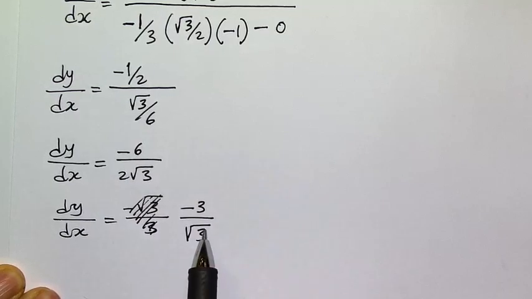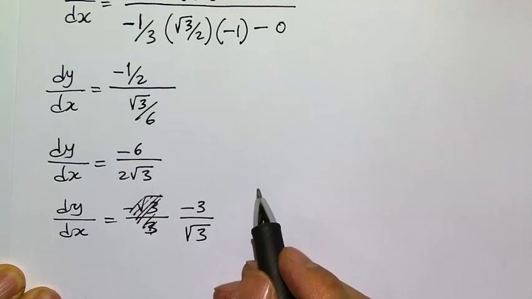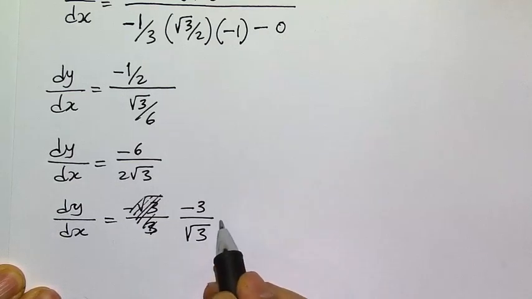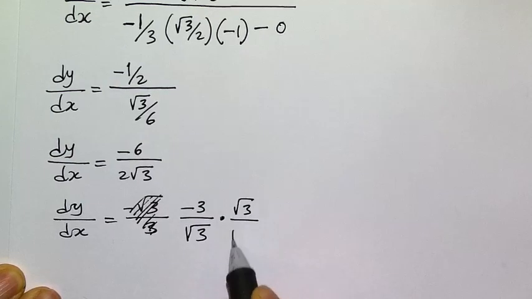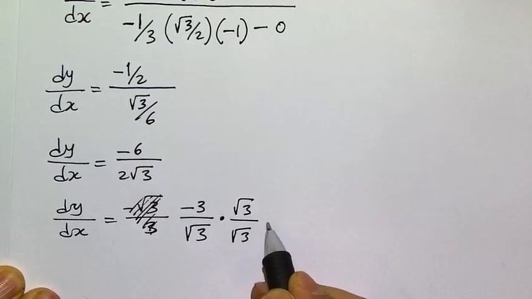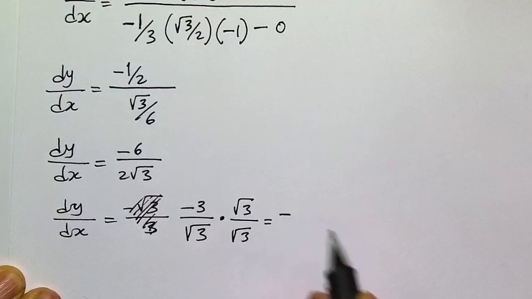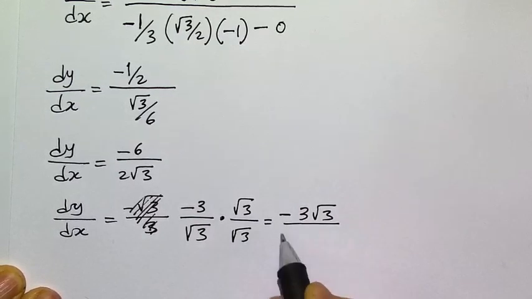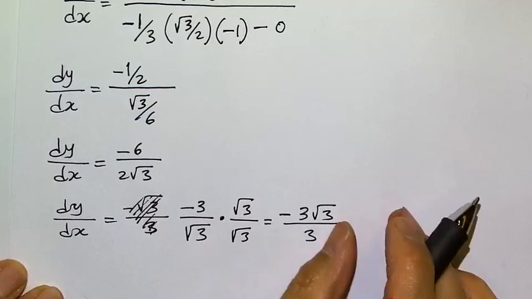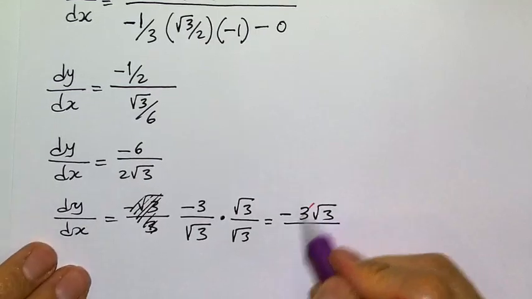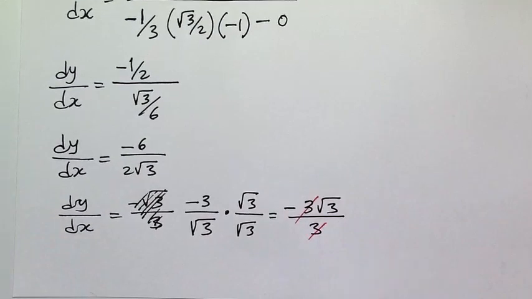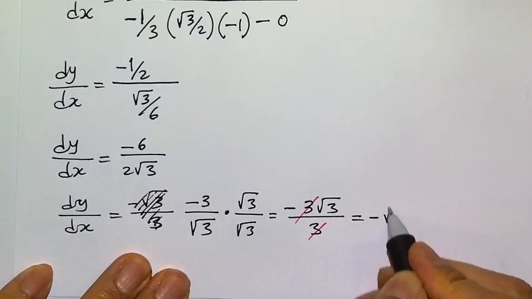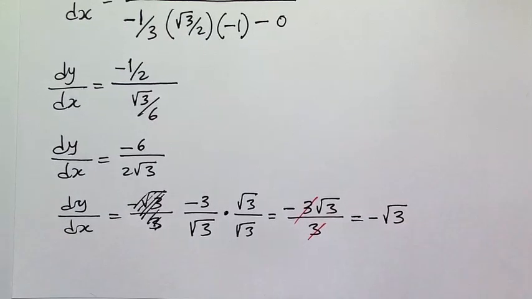Of course, we want to rationalize this. So we have times square root of 3 over square root of 3, and then we have minus 3 square root of 3 over 3, and then these cancel out, and we end up with minus square root of 3.